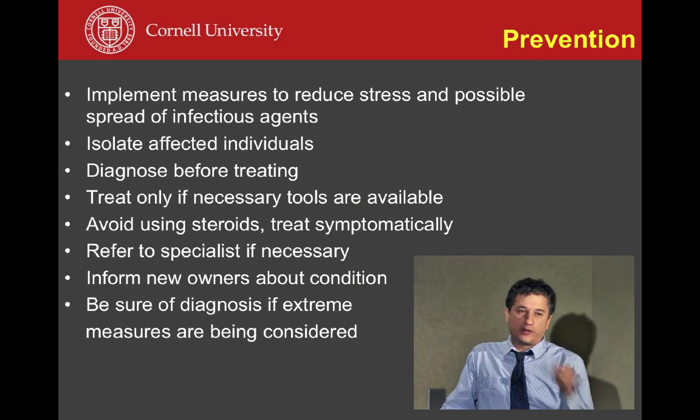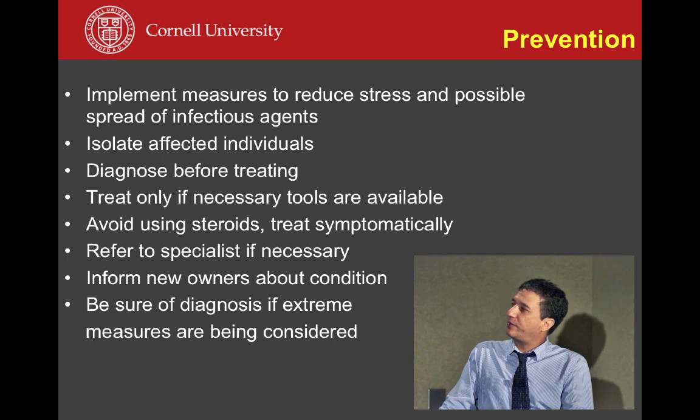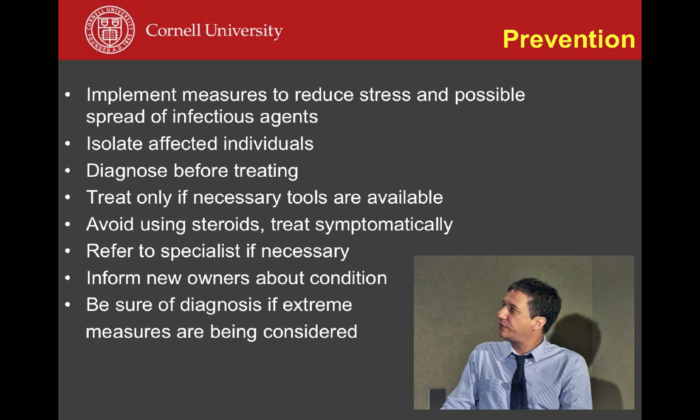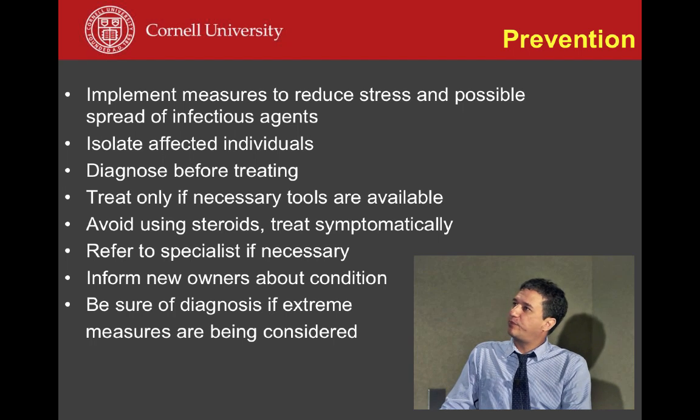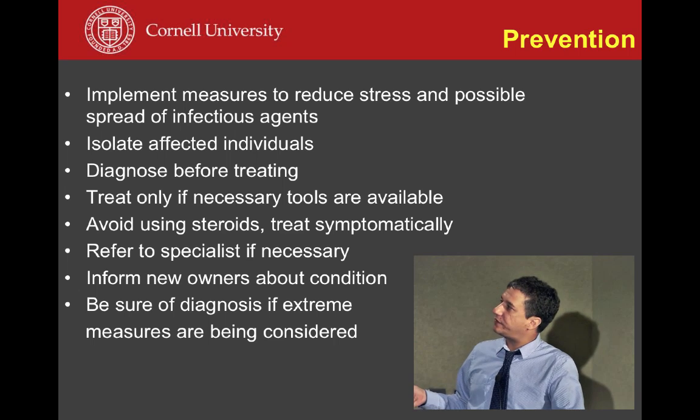Now, in regards to prevention, it's really hard to implement prevention measures if we don't even understand the disease mechanisms and causative factors involved. But in general, this is based on the speculated disease mechanisms and agents.